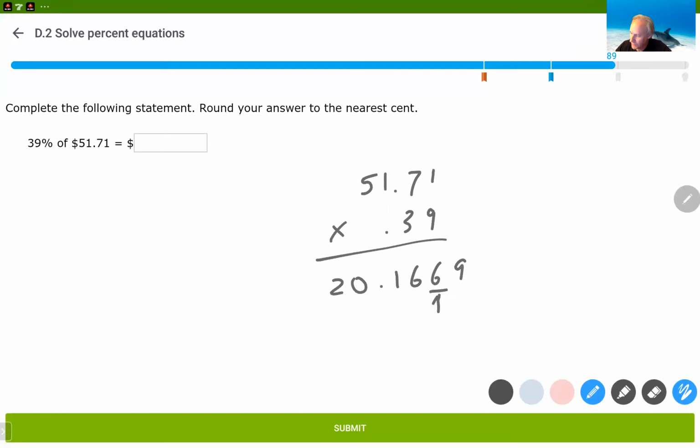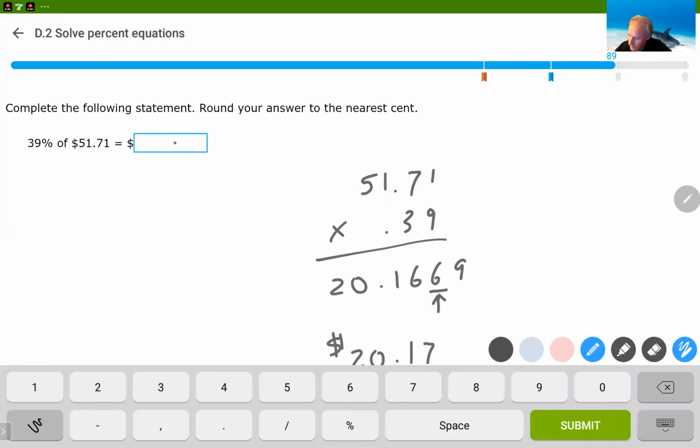This is 5 or larger, so it rounds up to $20.17. Maybe it was a very nice sale. Let's put it in. Does this look like less than half? It does.